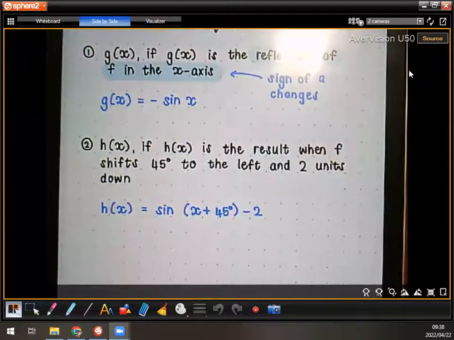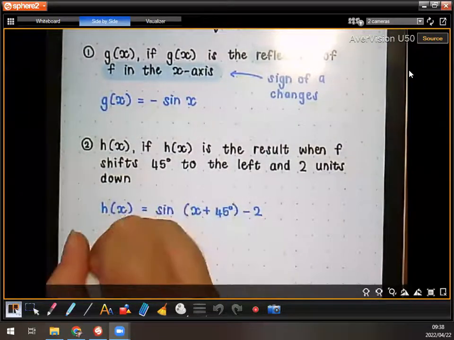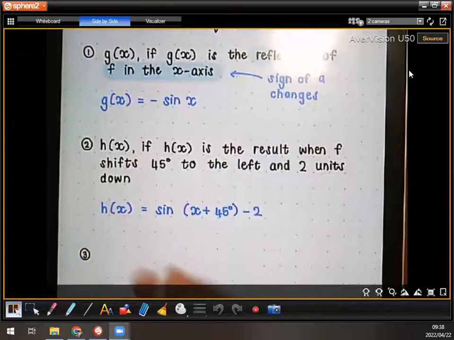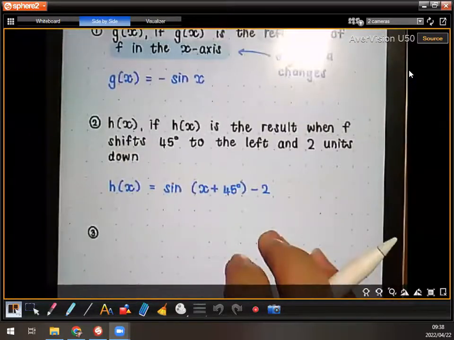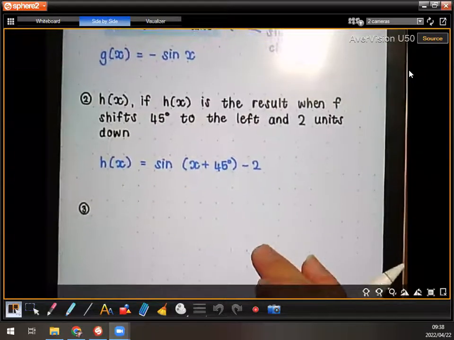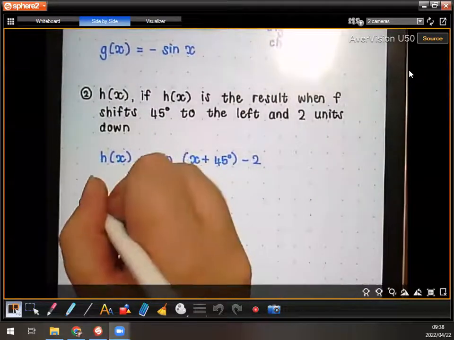Okay, question 3 is a little bit different. In question 3, now it's not saying write down the equation. Question 3 is kind of a question on its own.